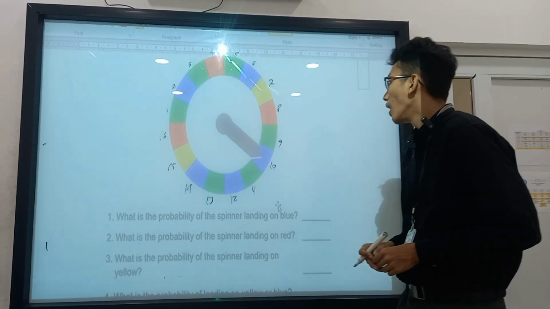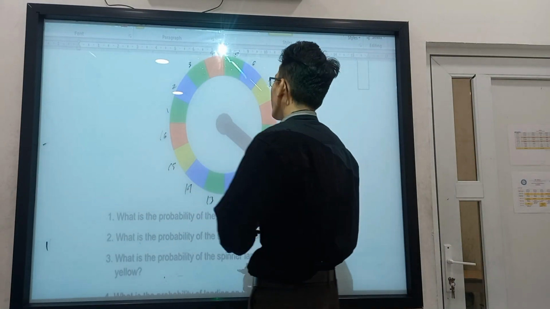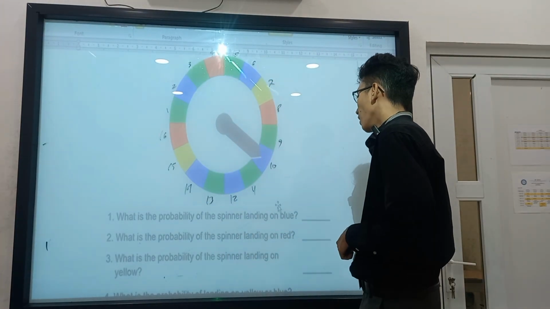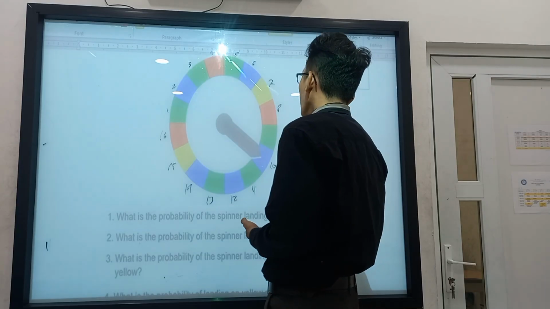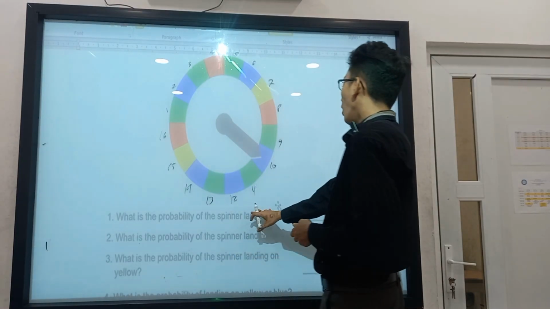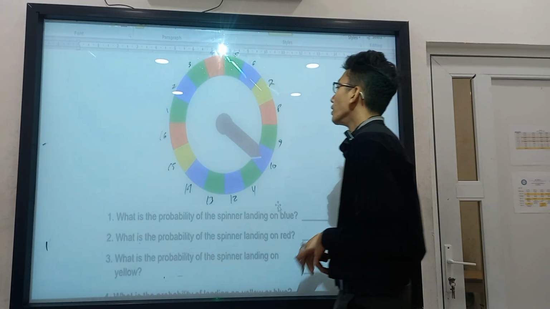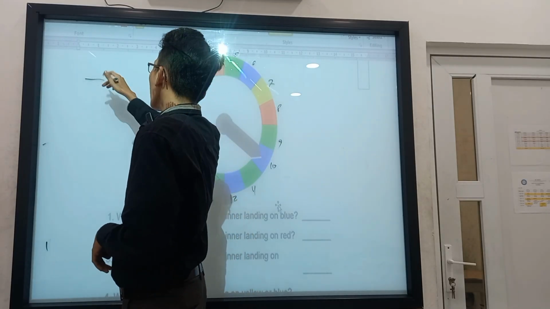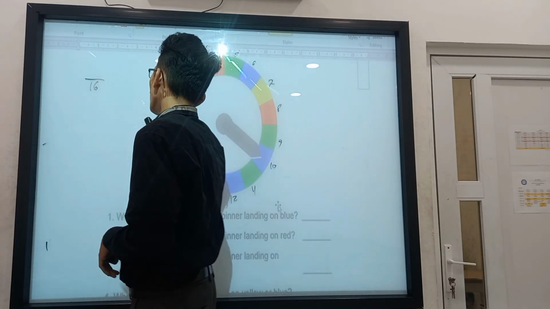So after we already know all the numbers, it will be far easier. If we spin this, how much is the probability of the spinner landing on blue? How many in total? It will be 16.